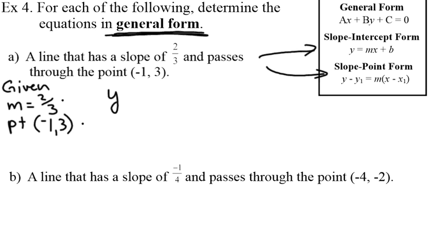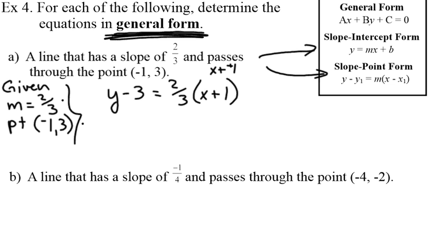So y minus y1, which is 3, equals slope times x minus x1, which is x minus negative 1, change, x plus 1. There's the equation we can create from the given information. We can't always create exactly what we want right off the bat. So at this point, based on what I've been given, I can create slope-point form.